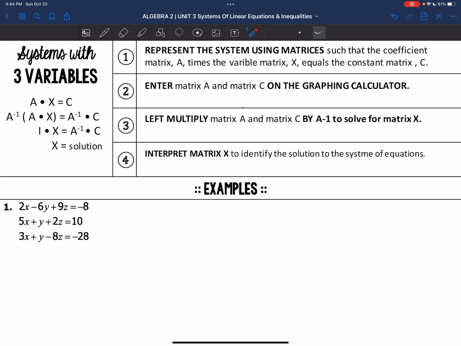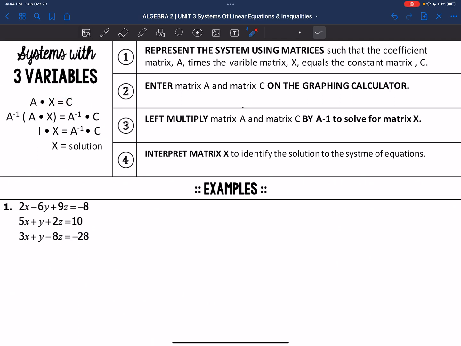We have x, y, and z. We've got 3 variables. The first thing that we're going to want to do is to represent our system using matrices, such that the coefficient matrix A is going to be multiplied times the variable matrix x, like you see here on the side, and then that's going to equal our constants.